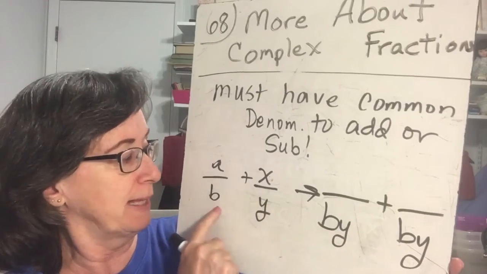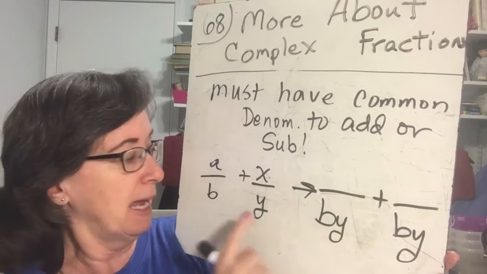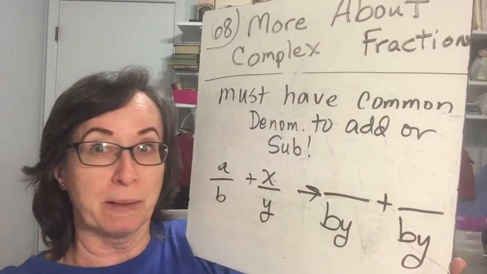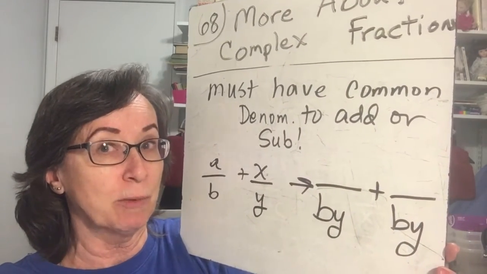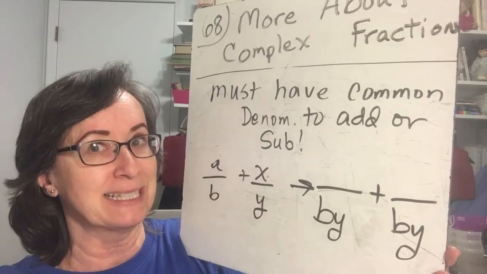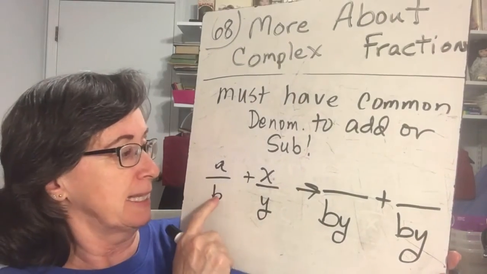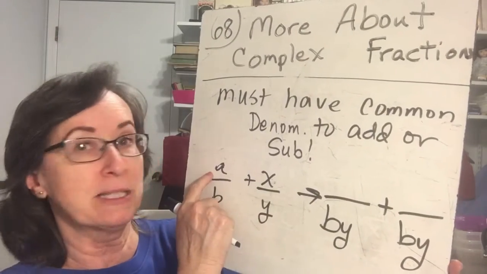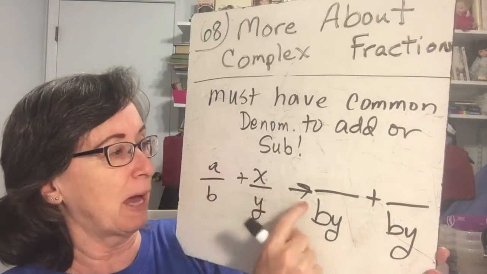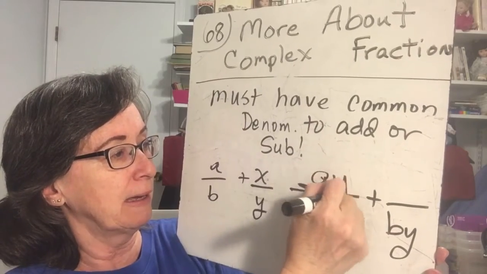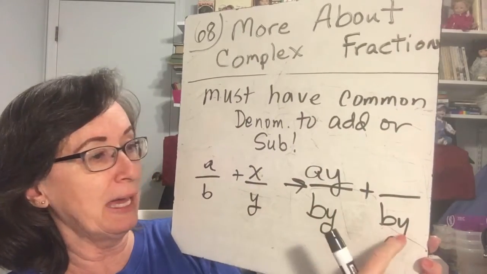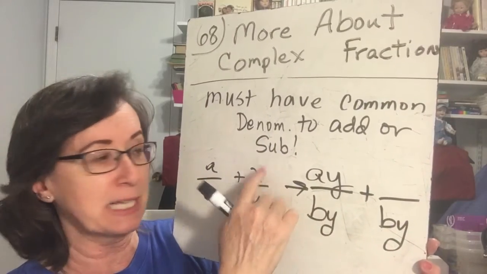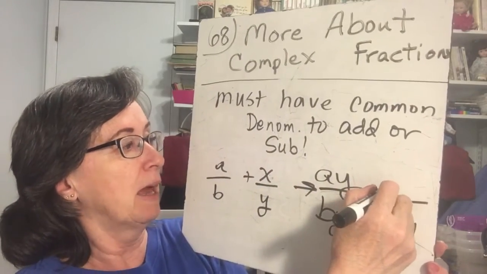So we know that this has got to turn into by, and this has got to turn into by, but we can always multiply by the same thing in the numerator and the denominator. That is a must. So since this is a b going to a by, we multiplied it by a y. We must also multiply the a by a y and get ay. And since we multiplied the y by a b to get by, we will also have to multiply the x by a b to get bx.